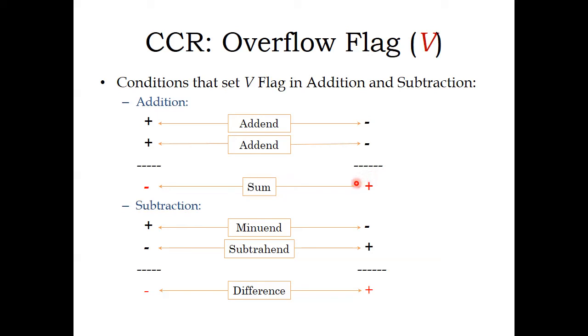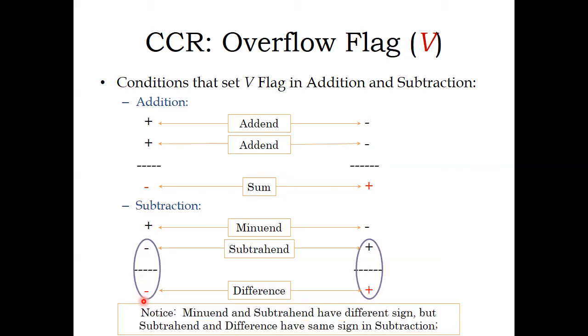In case of subtraction, this is a little bit more tricky. If your minuend is positive and the subtrahend is negative, and the difference is also negative, that means the numbers have different signs, but the subtrahend and the difference have the same sign. The subtrahend is the second number, and the difference is the result.